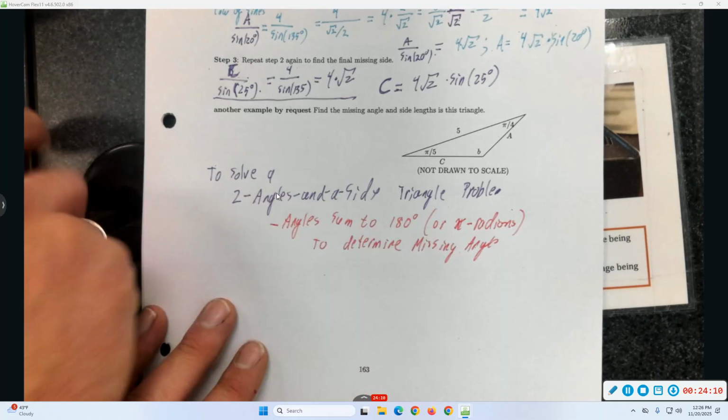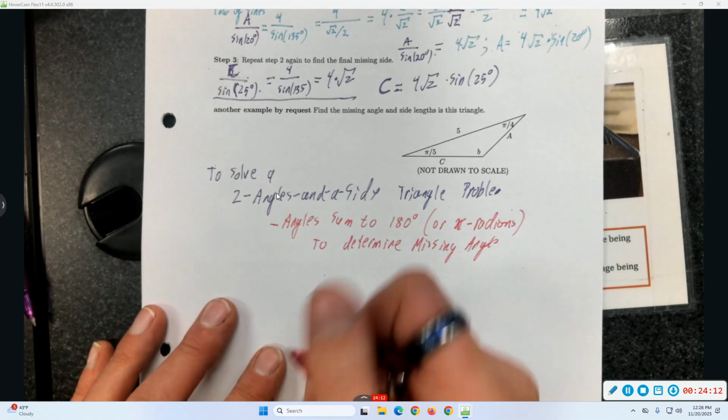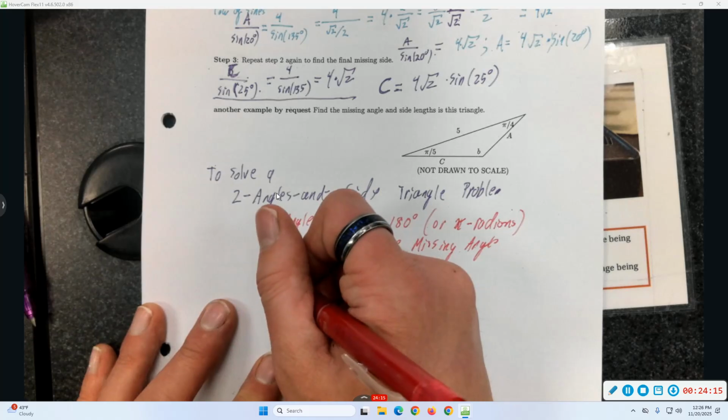After that, we need to determine the unknown sides. How did we do that?